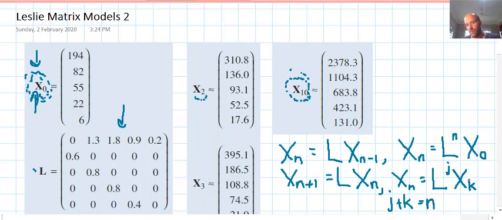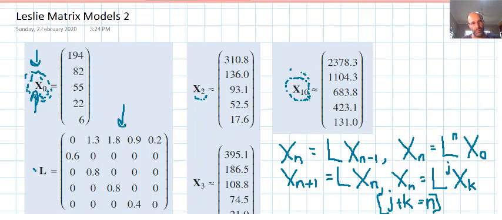So the subscript on the x matrix and the power on the L matrix, you add them together and you will always get the year population vector you're chasing. So the little j plus k equals n. They're just arbitrary symbols, but the pattern is real and it's very useful too.